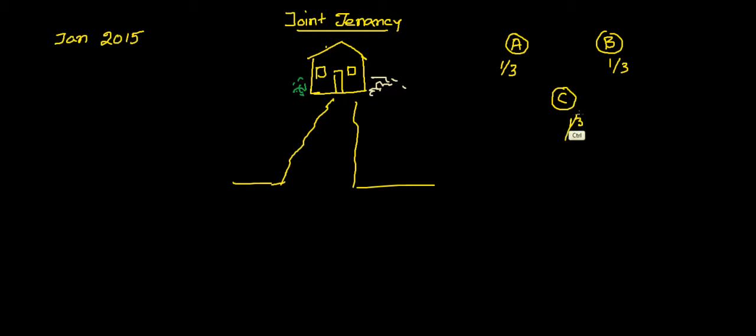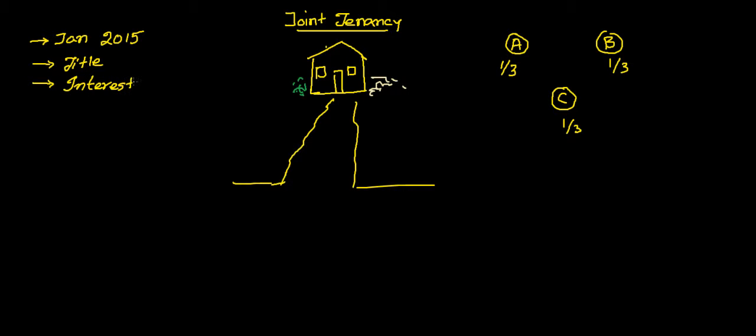Let me write it properly. 1/3. Now what happens is these have to be at the same time. So this has to be the unity of time, and they have to be written in their title, and they should have equal interest. That means 1/3 of the property, they have to have the interest.